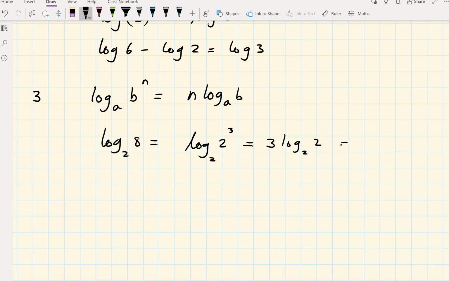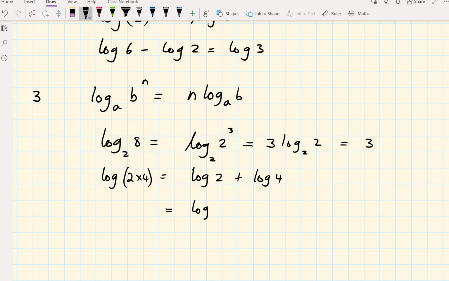Log to the base 2 of 2 is going to be 1, so that ends up as 3. However, I could also have written log of 8 as the log of 2 times 4. Now, using our first law, we'd have had the log of 2 plus the log of 4.